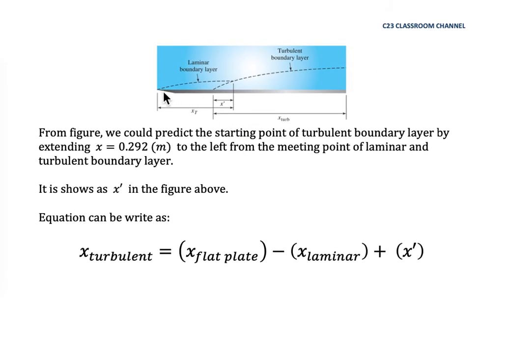So the laminar boundary layer occurs until x is equal to 1.6 meters, and then starting from this point, the turbulent boundary layer starts to grow.